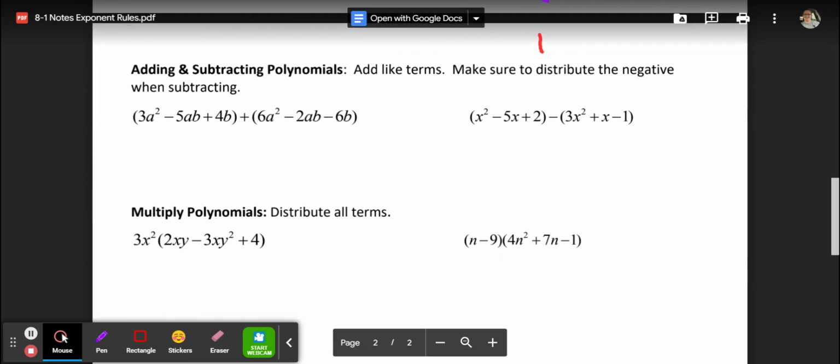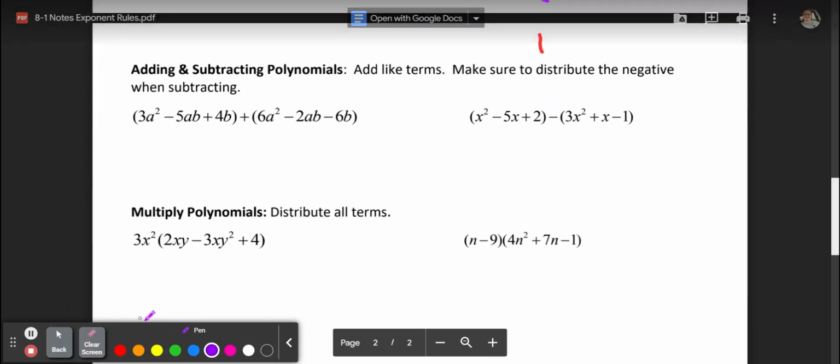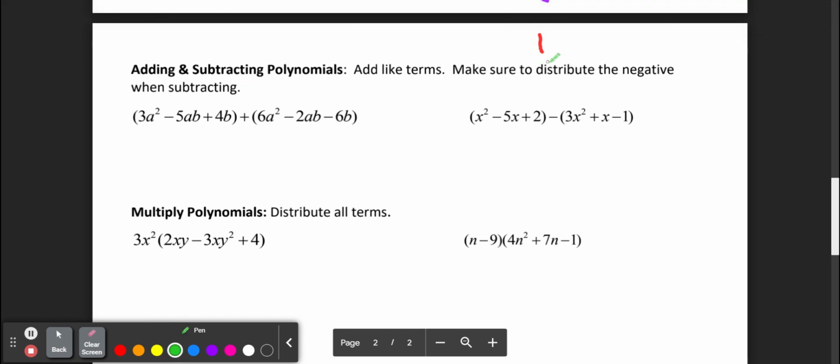Okay, so here's a little bit of notes on polynomials. We did this before we went to winter break. Adding like terms, make sure to distribute the negative when subtracting. So this is where I would underline or circle or box in like terms. I'm going to use probably different colors. You could use different colors. You could use 2 lines, whatever you want to do to show that these are all separate from each other.